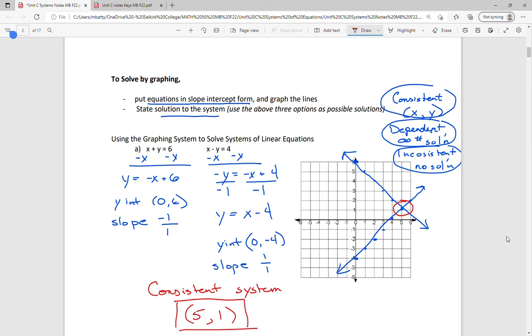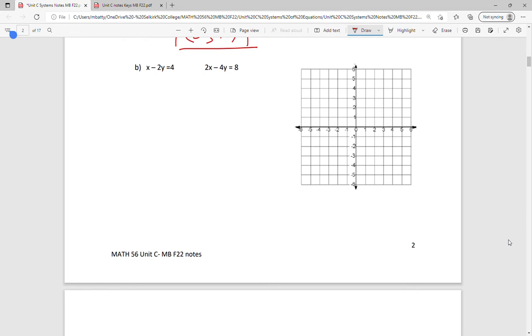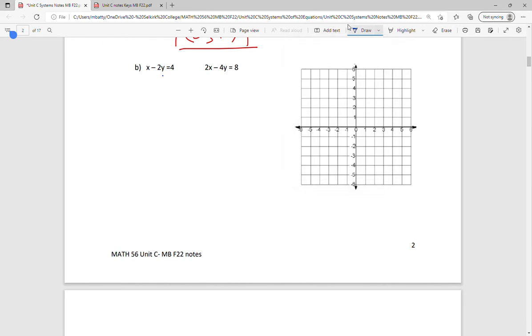Let's try another one. We really do use a lot of the skills that we've been doing before. So it does help reinforce this concept of the slope-intercept form and more of that algebra. So we're going to start on this system by the first equation, solving for y. So subtracting x from both sides, I get negative 2y equaling negative x plus 4.